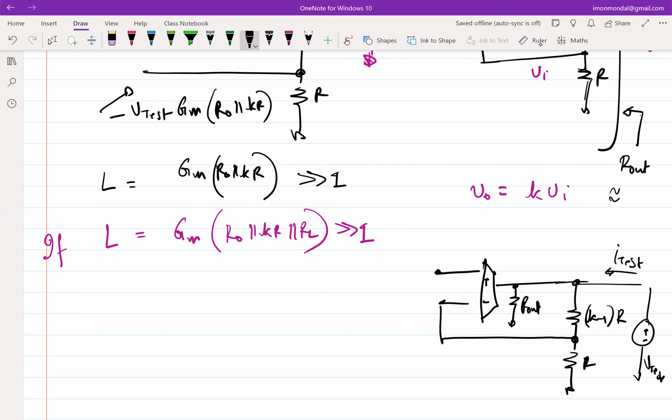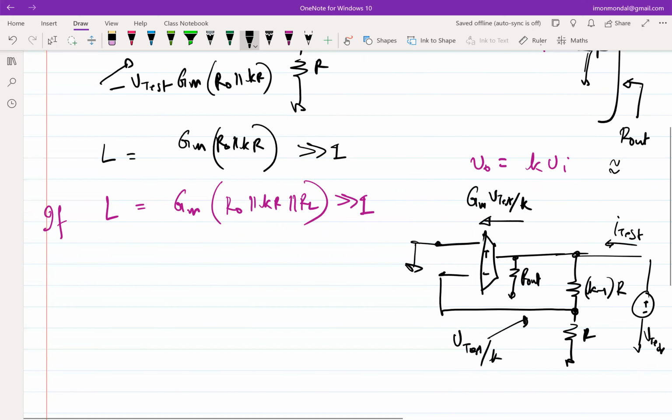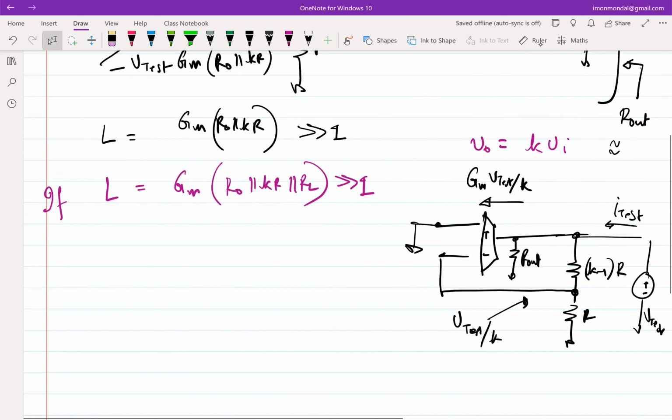If this is V test, what will be this feedback voltage? This will be V test by K. So what will be the current that it will draw in? GM times V test by K, right? And if we ignore Rout for the time being, let's say Rout is infinity, so what is now V test over I test?